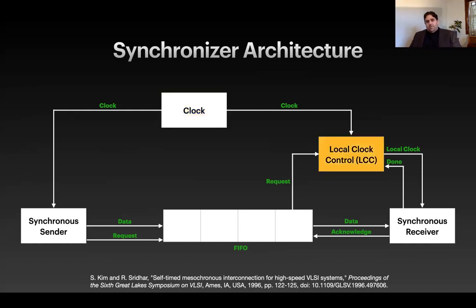Now, that local clock control will produce a clock signal for the synchronous receiver if the request line out of the FIFO that you see at the bottom is high, and if there is a rising clock edge coming from the clock block. Now there's the magic of it.